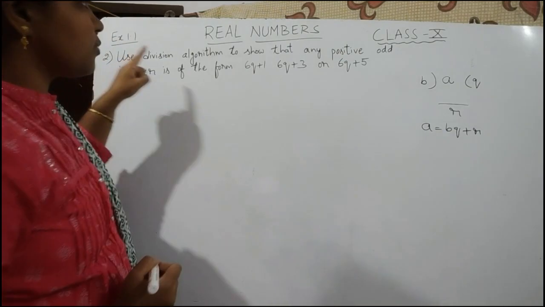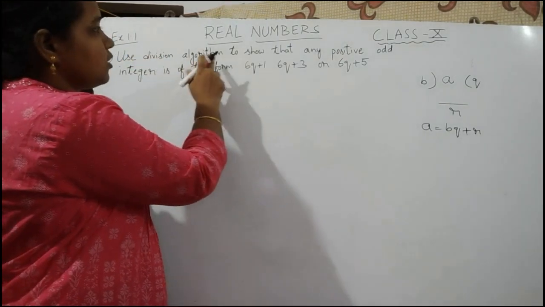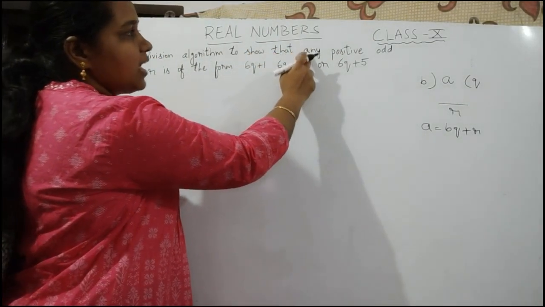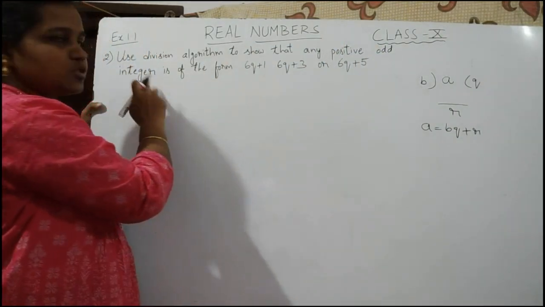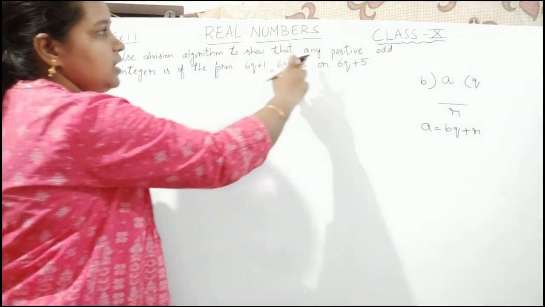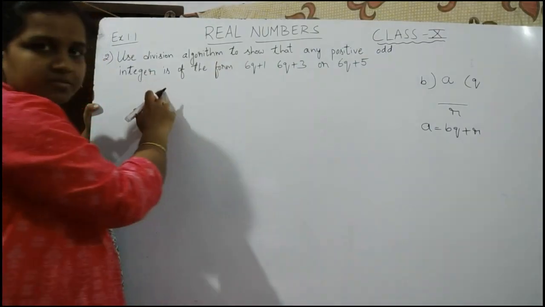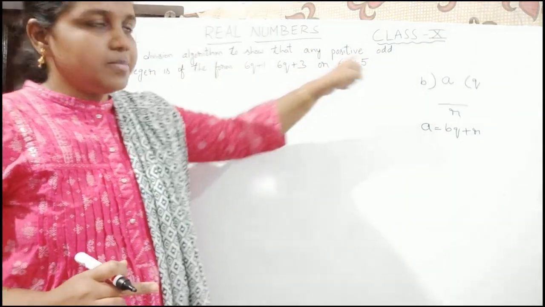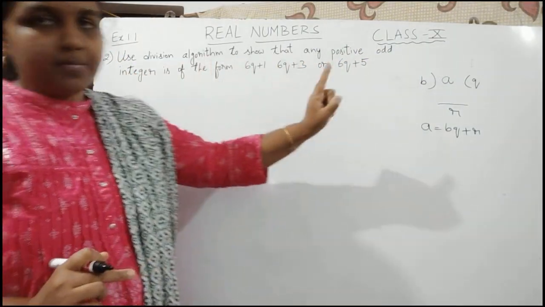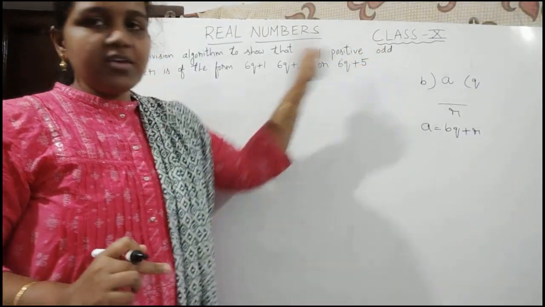So now whenever such problems are given, use division algorithm to show that any positive odd integer. So we have to take: let a be any positive odd integer. Suppose it is given as even, then we have to take: let a be any positive even integer.